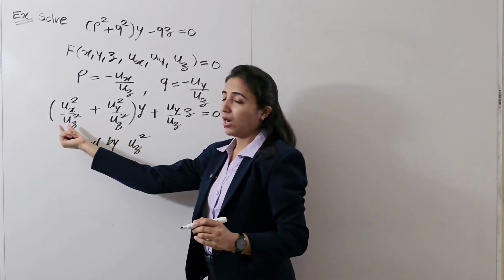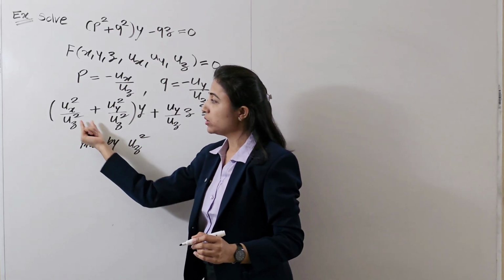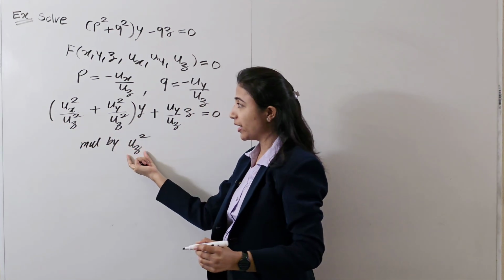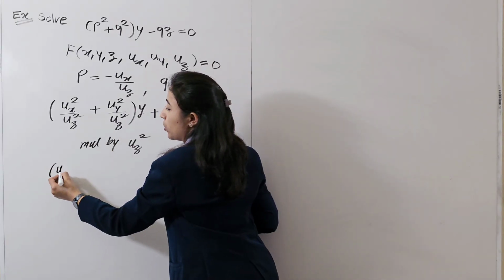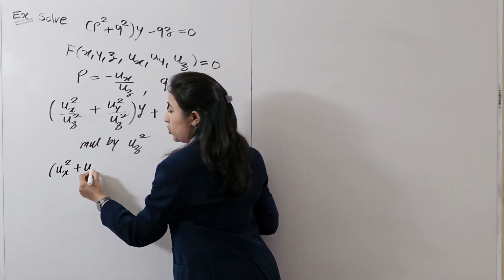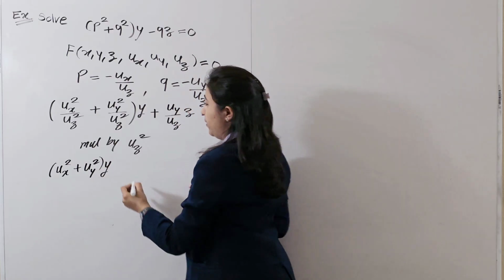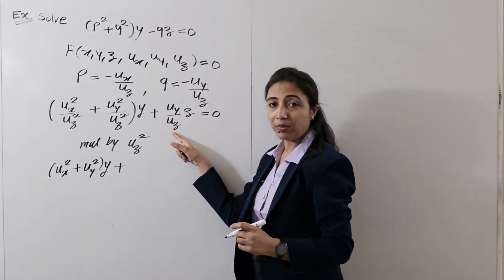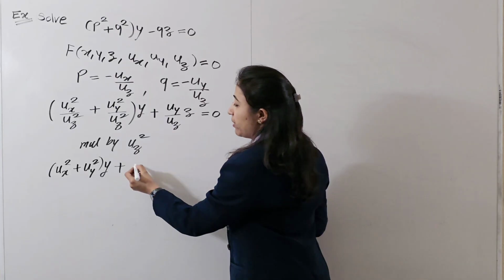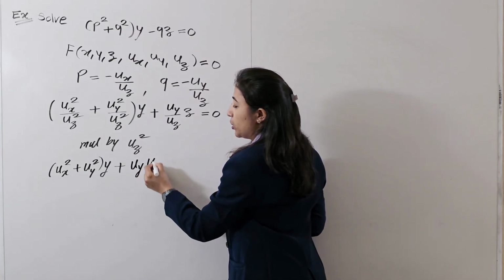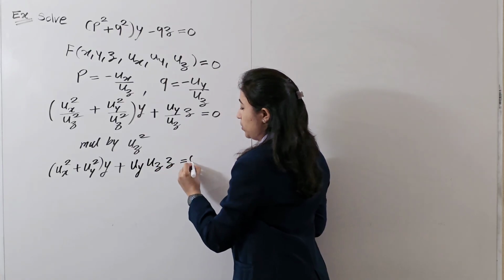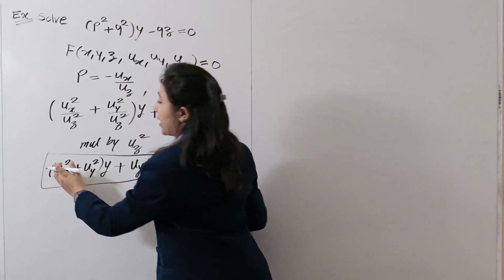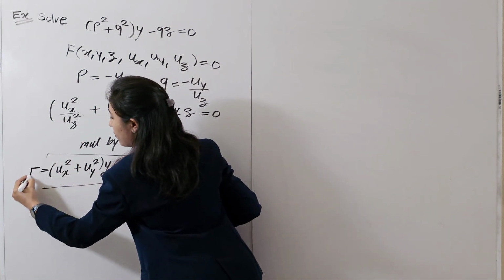This denominator is the same, so the outside term and this term will cancel out, so you will get here ux square plus uy square y plus, since we are multiplying by uz square, and here the denominator is one uz, so one uz will cancel out, so you will get here uy uz into z equal to 0. So you will get this function and that is nothing but our function f. So we can say this is our function f.